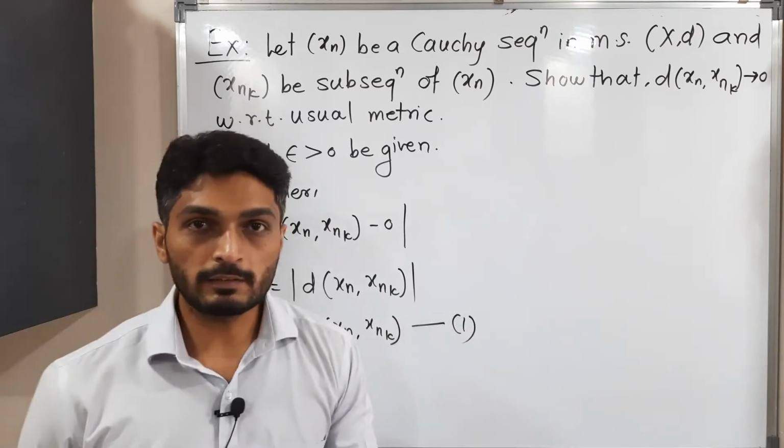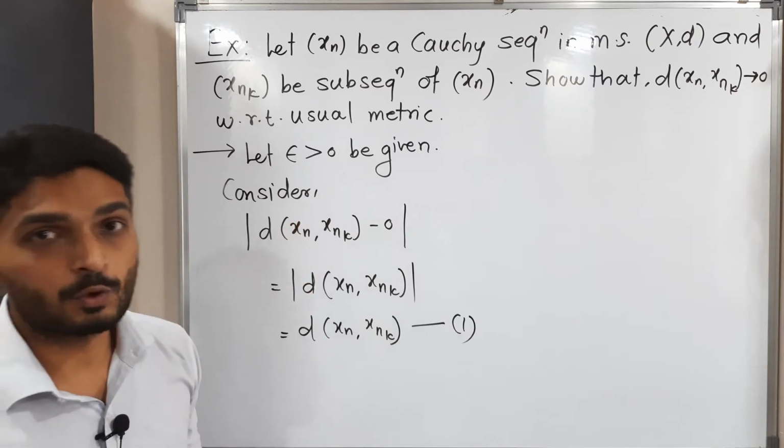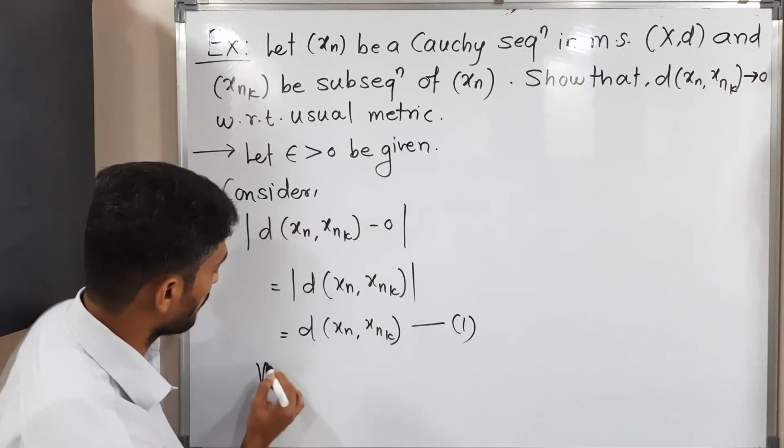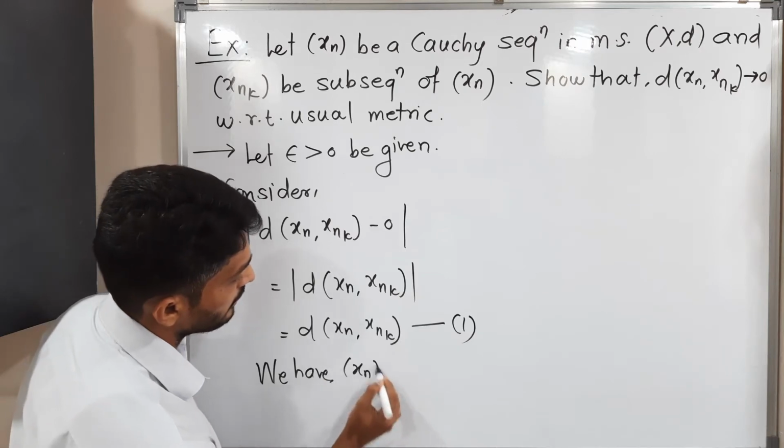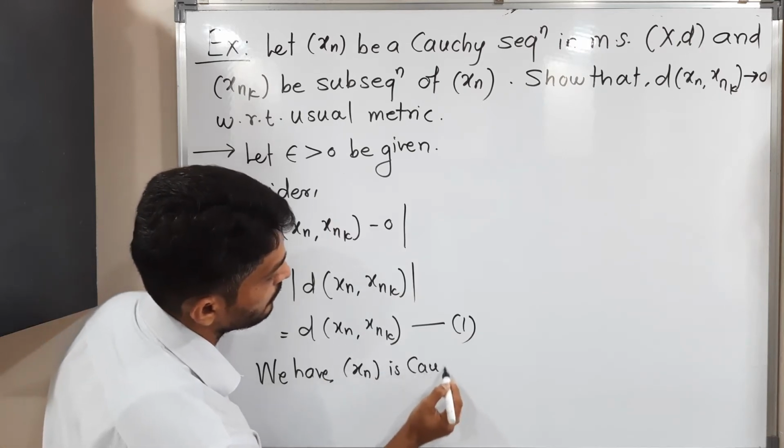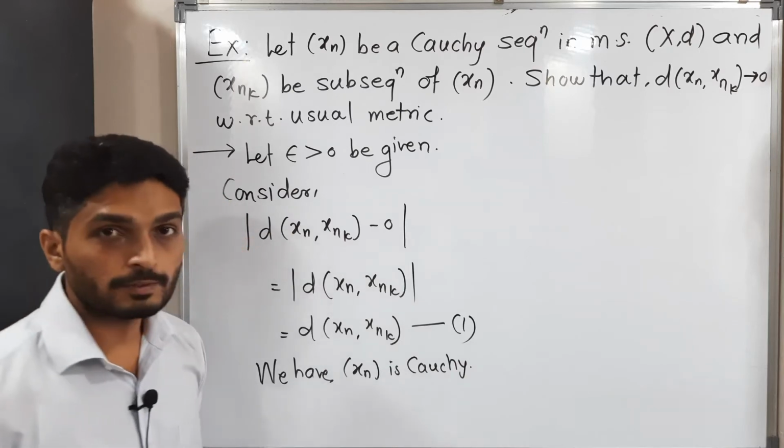After that, let us use the given information. We have xn is a Cauchy sequence. So we can use the definition of a Cauchy sequence.